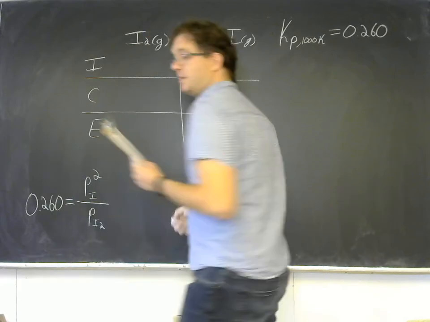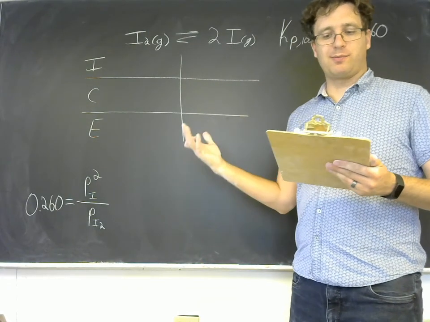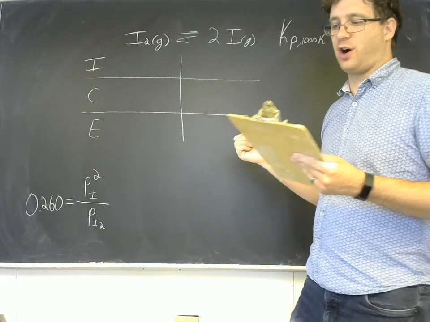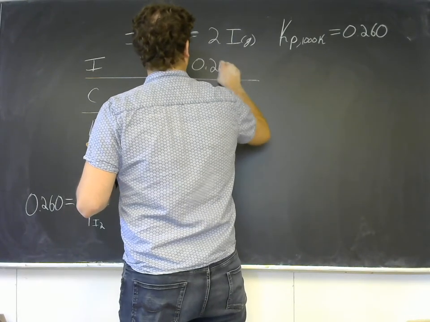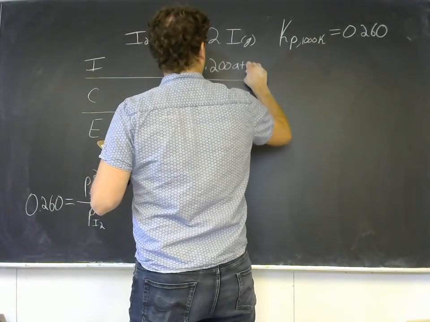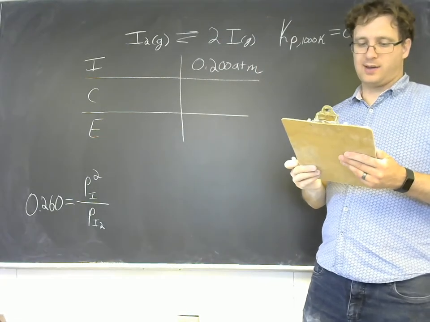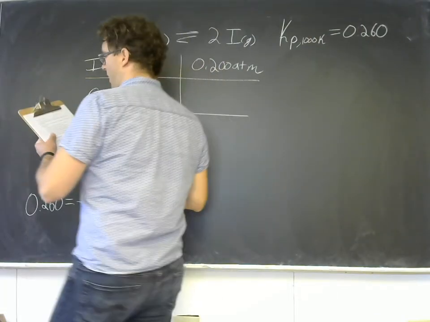the conditions that we have here. It says find the equilibrium conditions if a reaction chamber is initially charged with 0.2 atmospheres of iodine atoms and 0.005 atmospheres of I2.